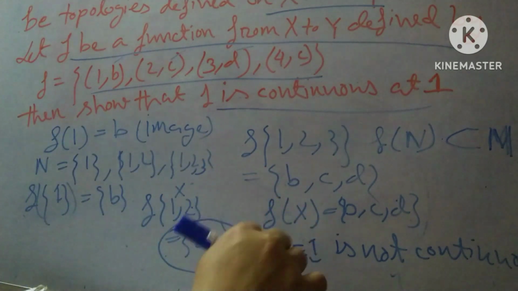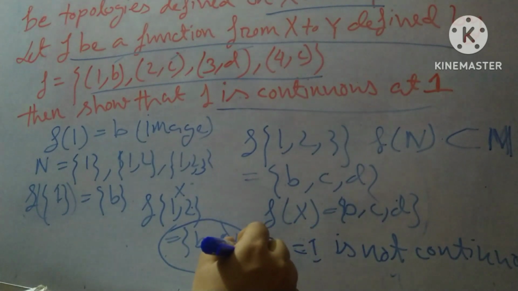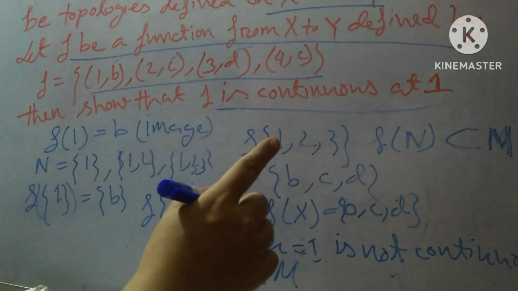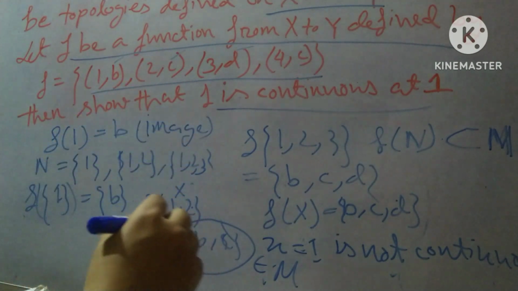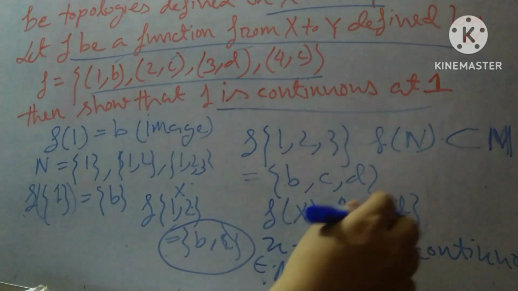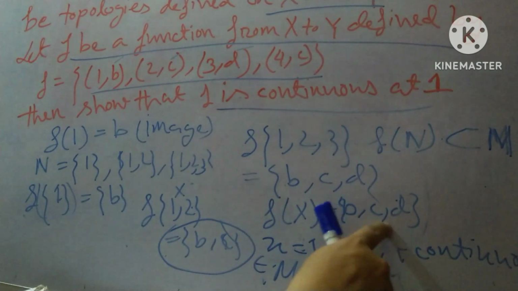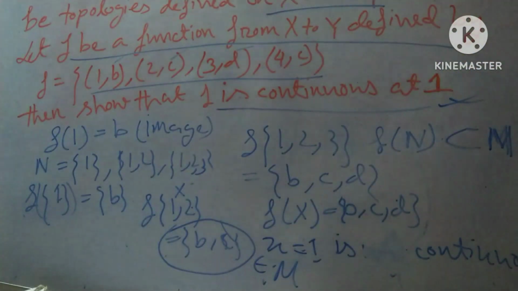Now this is the containing node, it is also an NBD of M. So you see {b, c, d}. So all are, so x equals 1 is continuous. So I prove this: f is continuous at 1.